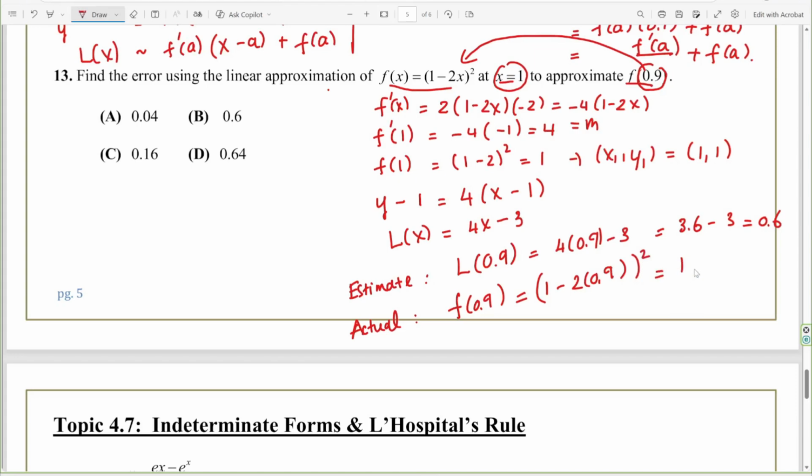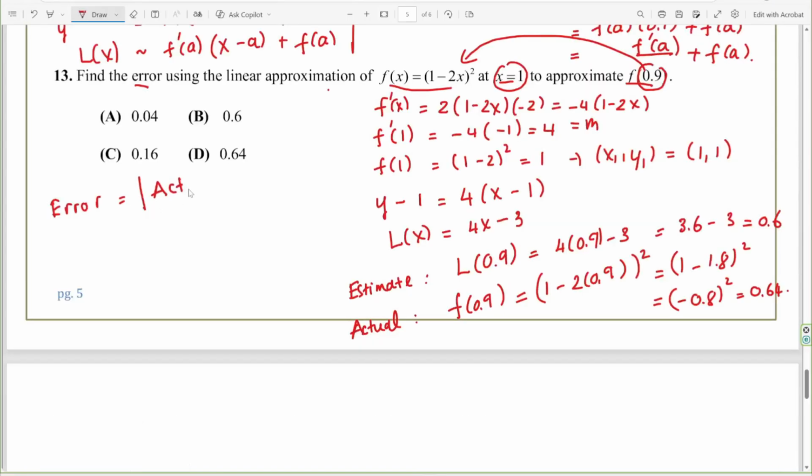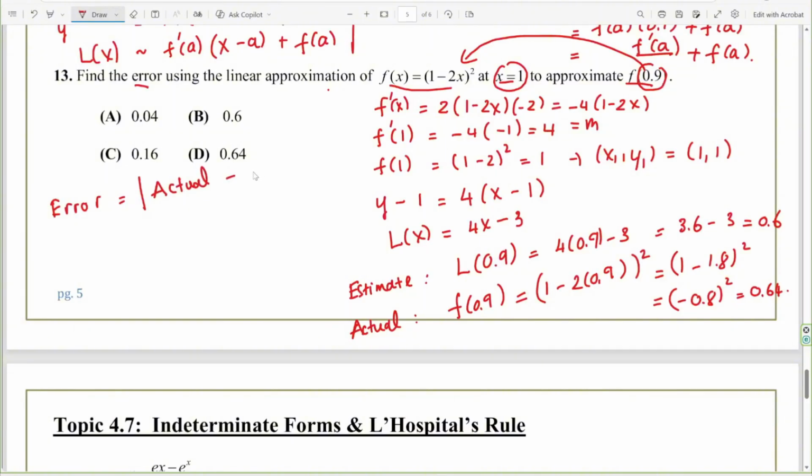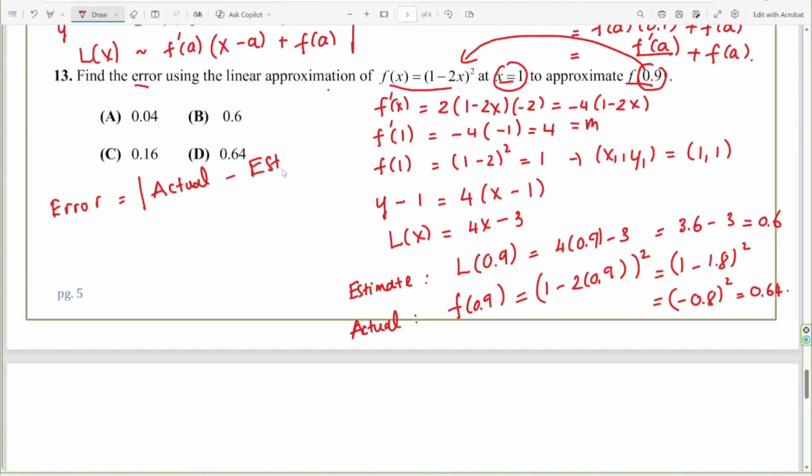So it would be 1 minus 1.8, all squared, right? So it would be negative 0.8 squared, so it would be 0.64, right? Now the error is the absolute value of actual minus estimate, right?